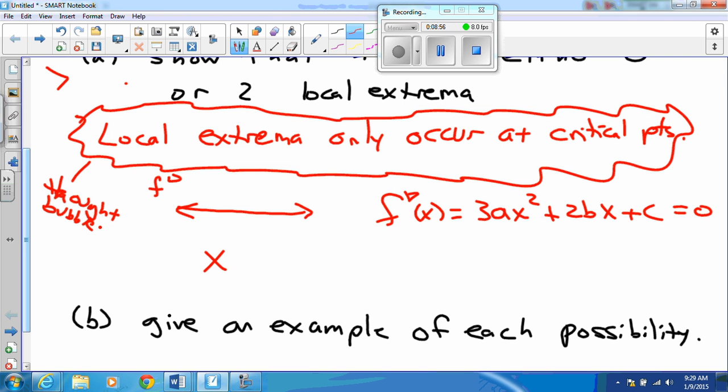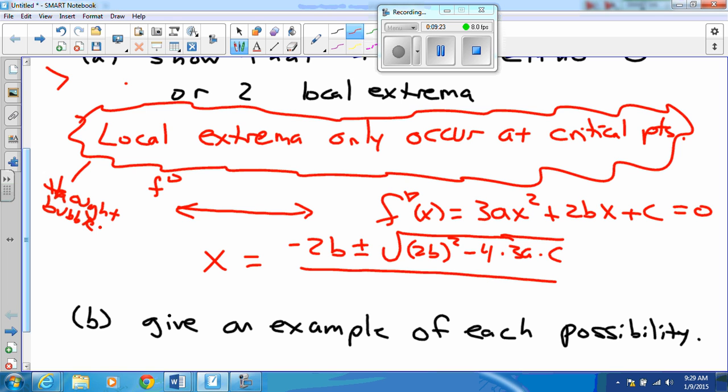And so based on the quadratic equation, what do you get for your solutions here? Absolutely. Very good.